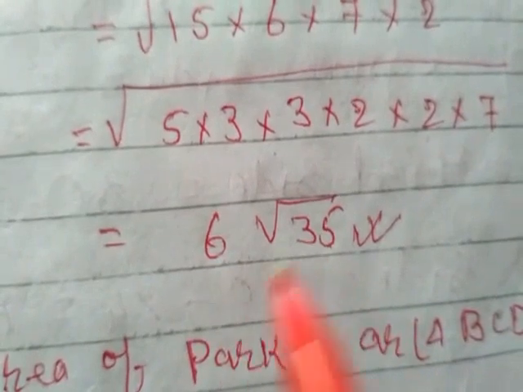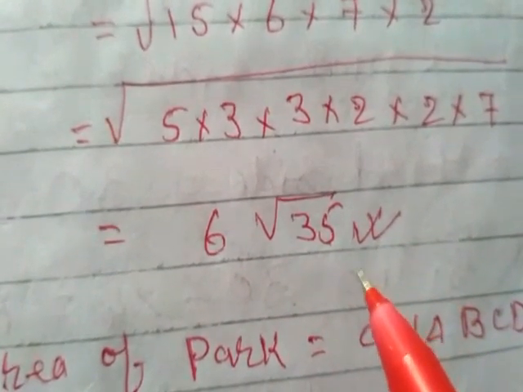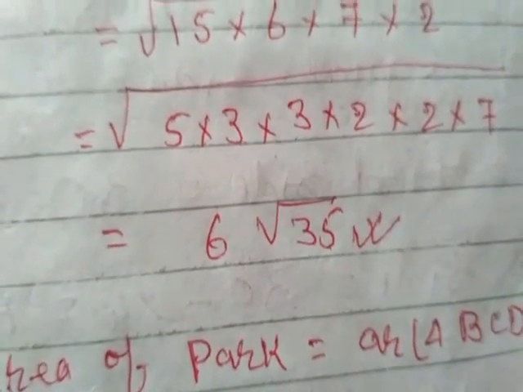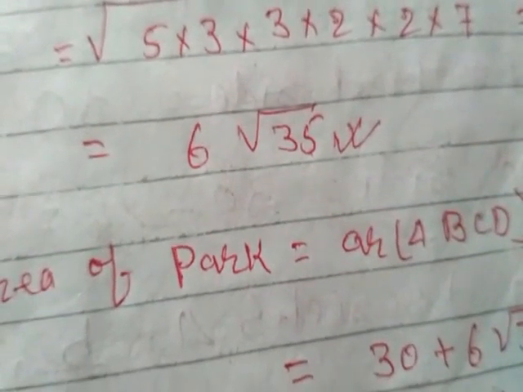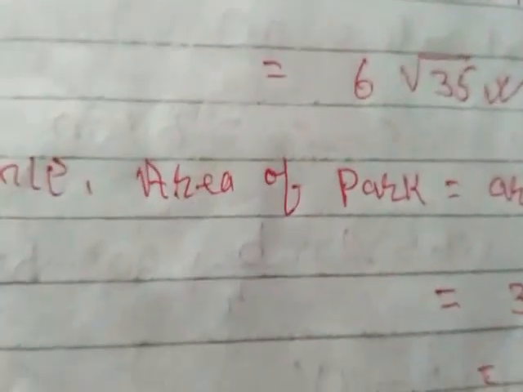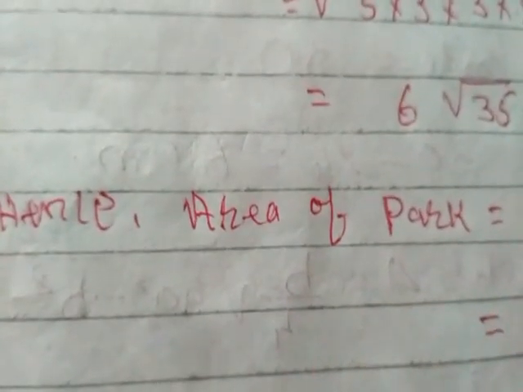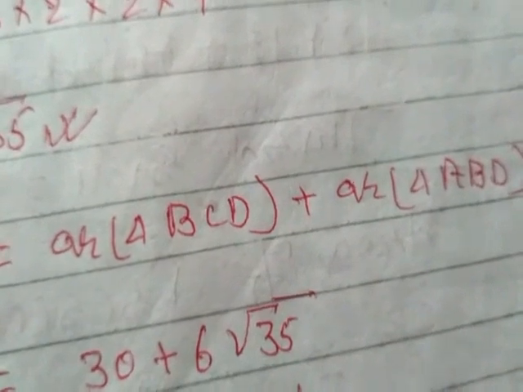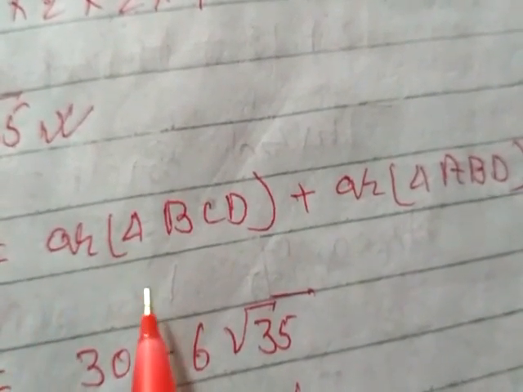Thereafter, we were supposed to find the area of the park. Since this park contains two triangular shapes within itself, the area of the park will be equal to the sum of the area of triangle BCD plus the area of triangle ABD.